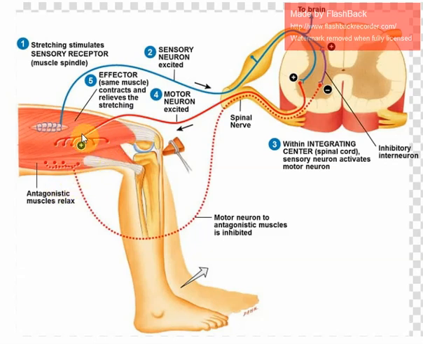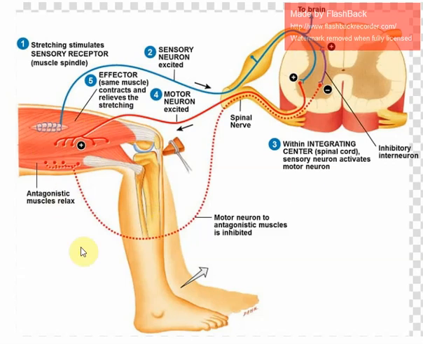When the agonist muscle group is contracting to prevent the stretch, the antagonistic group must relax so that the movement is smooth and without any restriction.